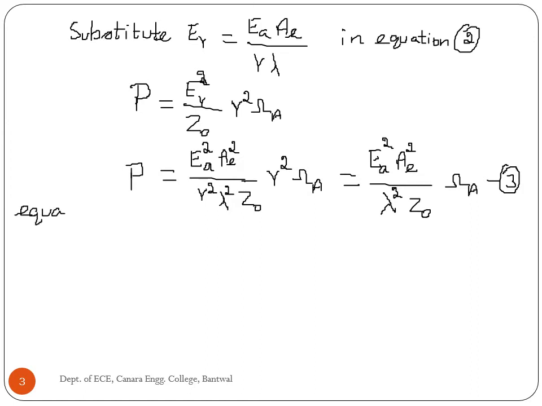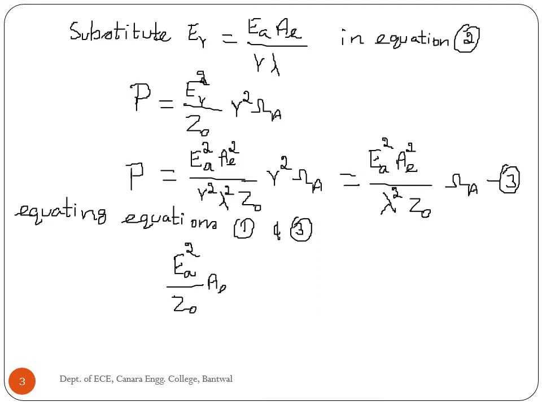Equating equations 1 and 3. Equation 1 is EA square divided by Z naught into AE, which is equal to equation 3, EA square AE square divided by lambda square into Z naught beam area.